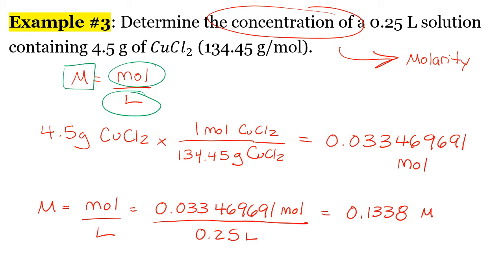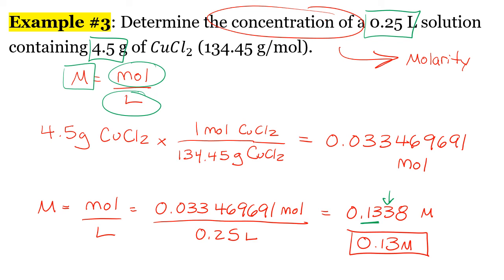And if you look on our question, the 4.5 is 2 sig figs, and the 0.25 is 2 sig figs. So underlining the 1 and the 3 and looking at the next 3, we are going to leave this as 0.13 molar, and that is our concentration.